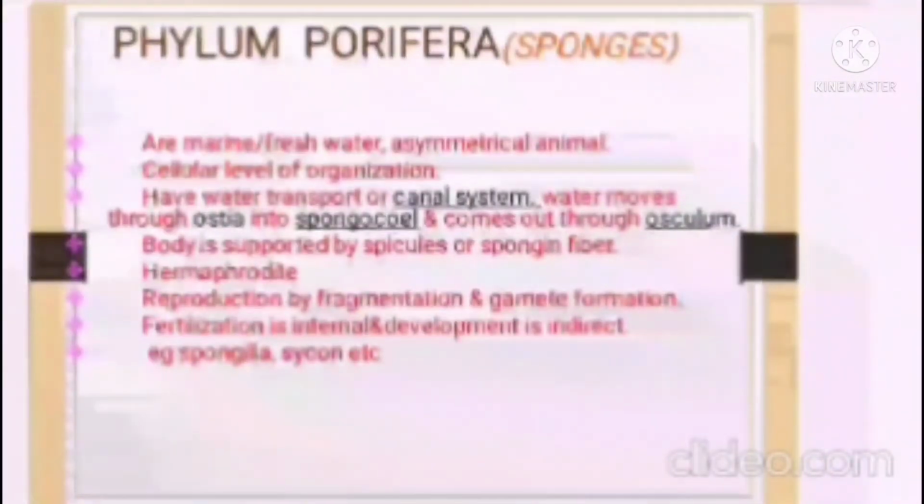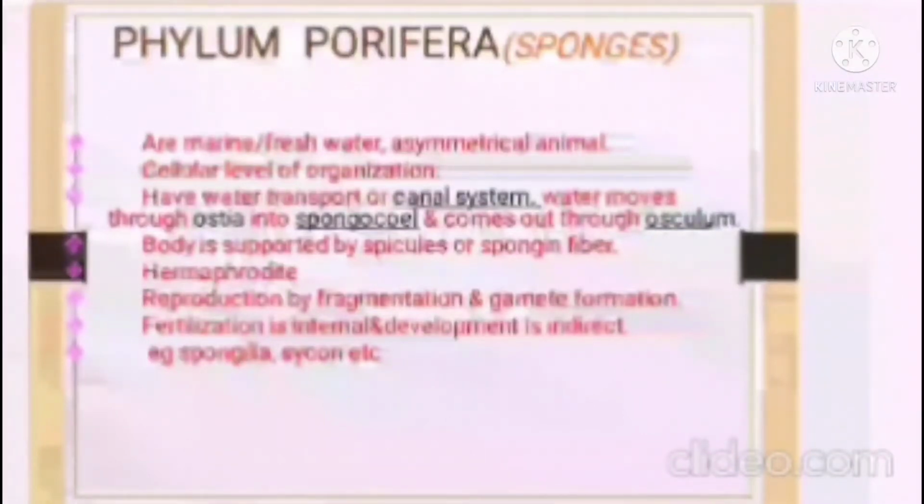Whenever you are learning the characteristics of a phylum, the organism belonging to that phylum should come into your mind. With that, if you are learning, it becomes very easy. Okay. So most of the technical terms were already discussed in the previous class. Here some more new technical terms we are going to learn along with all the characteristics.